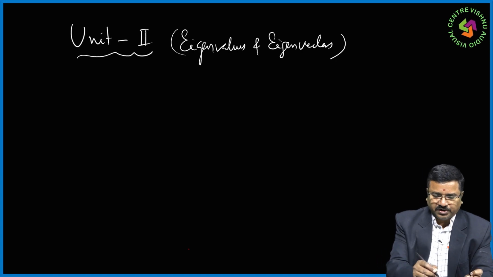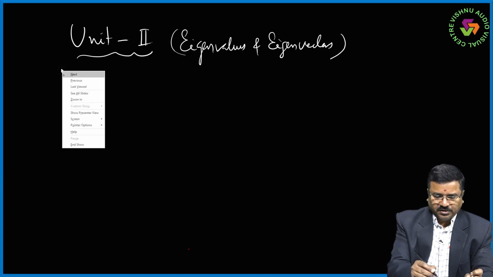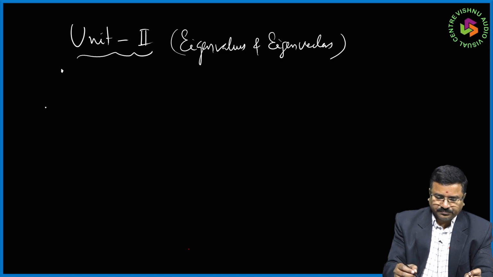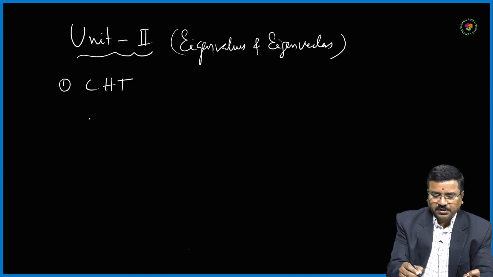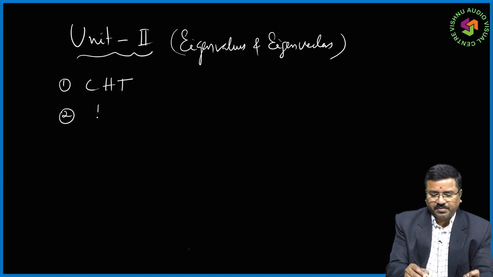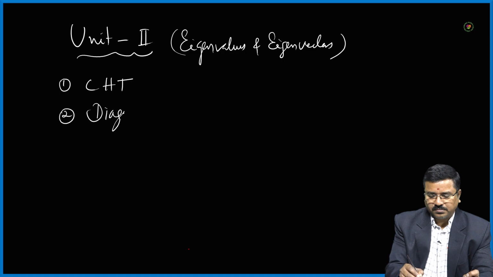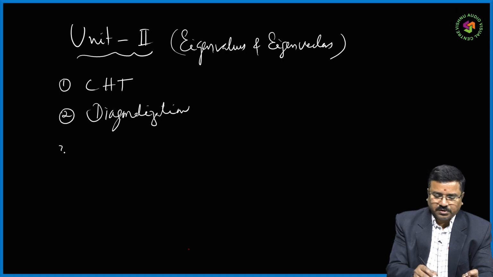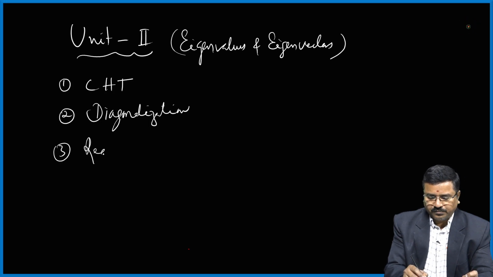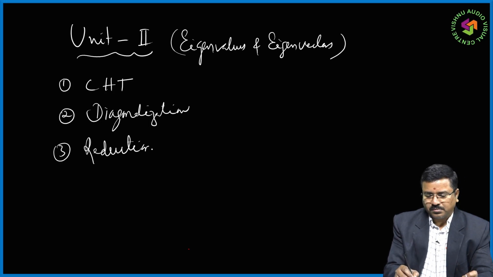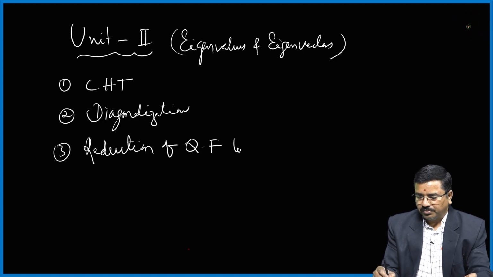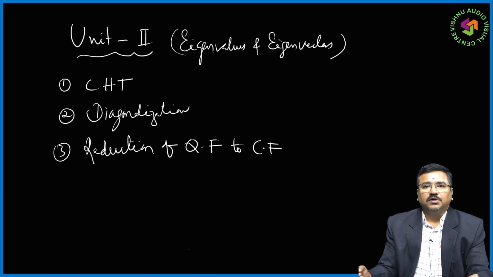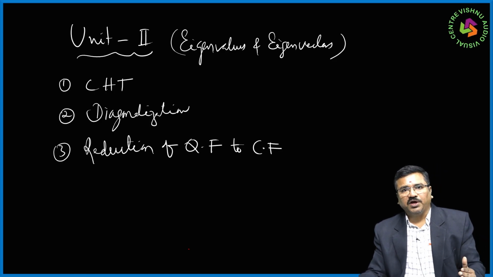The first one is the Cayley-Hamilton theorem. The second one is diagonalization of a matrix. The third one is reduction of quadratic form to canonical form. So these are the main 3 concepts we have in unit 2.